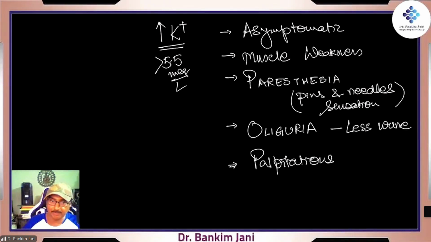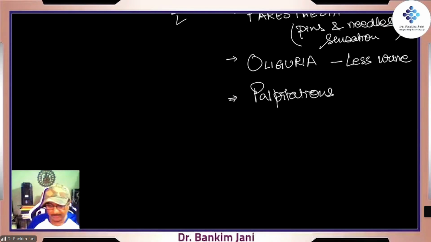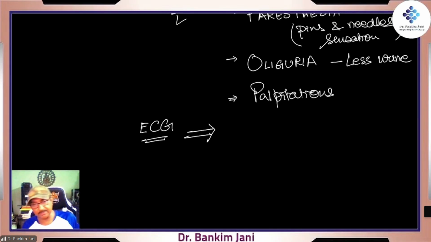Because at a later stage, as the potassium level starts rising, it may go into cardiac arrhythmias. When the heart starts beating irregularly, there are various complications. Can you figure it out at an early stage? Yes, ECG. On ECG you can really see, and we'll look at those ECGs.